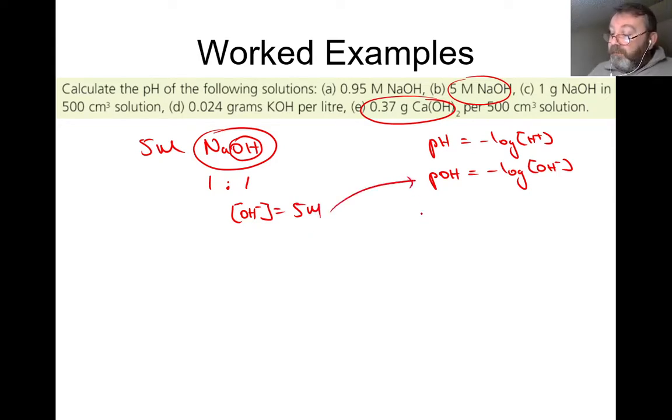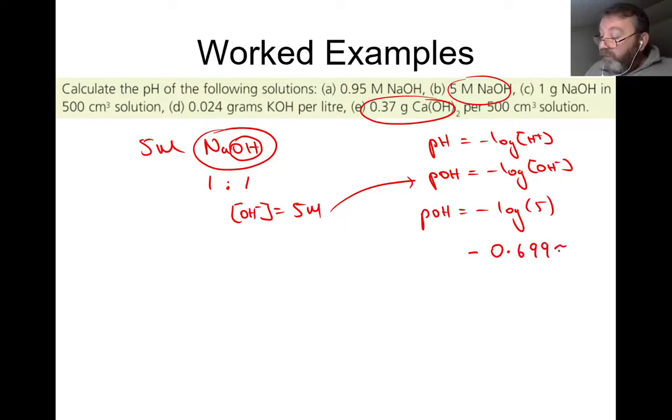That goes in here as the pOH equals minus the log of 5. And minus the log of 5 comes out as minus 0.699, or if you want to, because it's so close, minus 0.7.